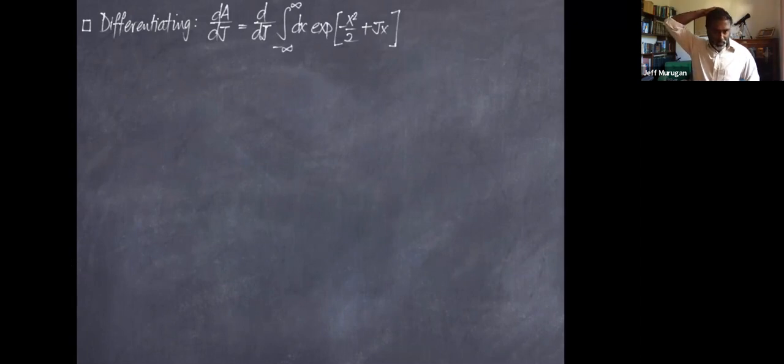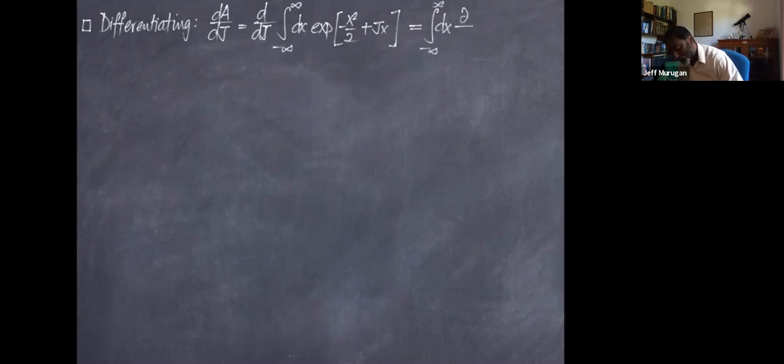And fortunately for us, when Leibniz invented integrals and derivatives in calculus, he also told us how to differentiate under an integral. It said that you can take the derivative under the integral sign as long as you make it into a partial derivative, because now it's acting on an integrand that is both a function of j and of x. So that's the derivative of the exponential minus x squared over 2 plus jx.